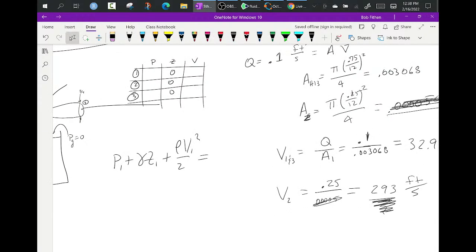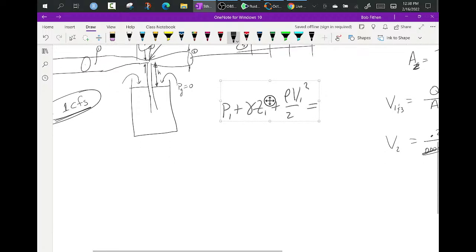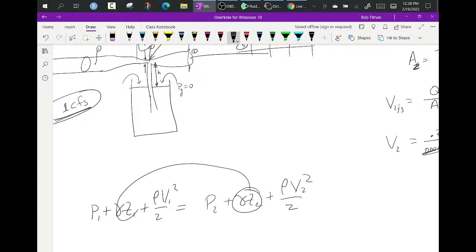So let's find out what is the pressure at 2. This is completely unrealistic, but P2 plus gamma Z2 plus rho V2 squared over 2. First of all, elevations are the same.